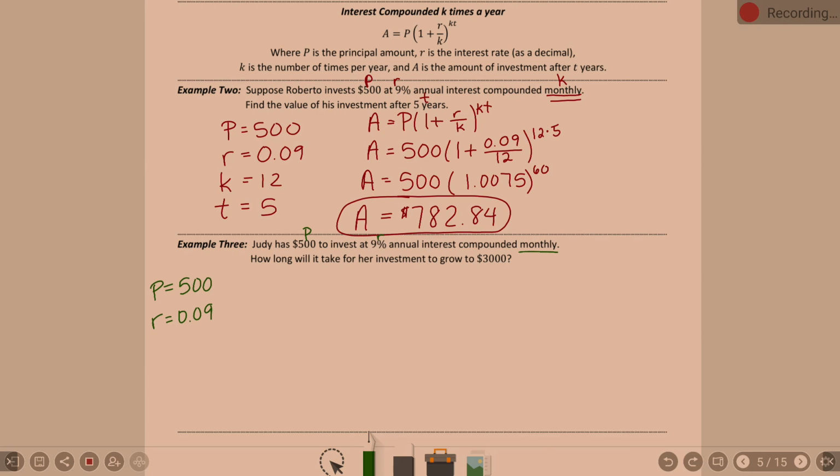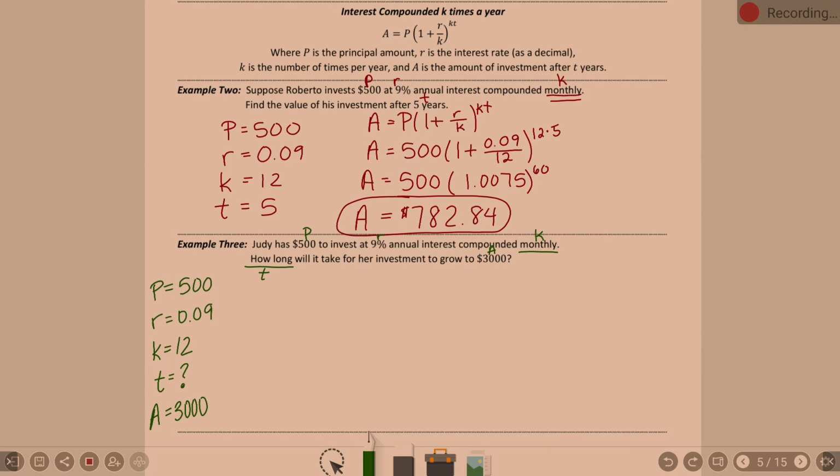Compounded monthly says K is 12. How long will it take for her investment to grow? So I'm looking for T. And then the 3,000 is what we want that investment to become, so A is 3,000.